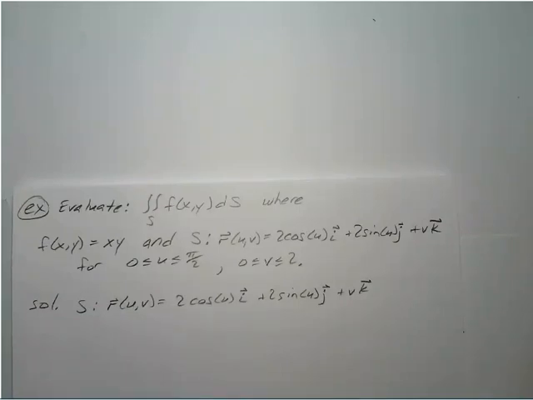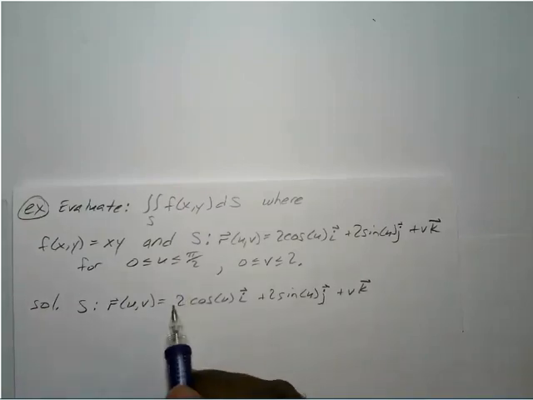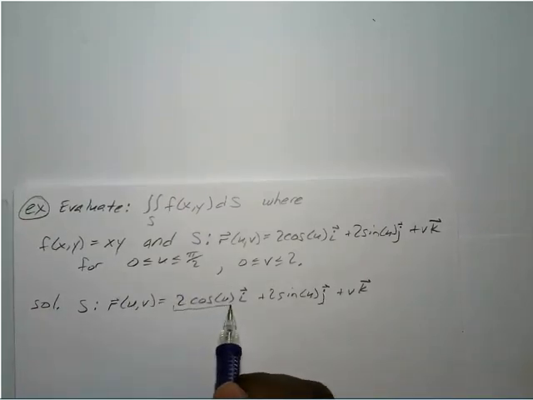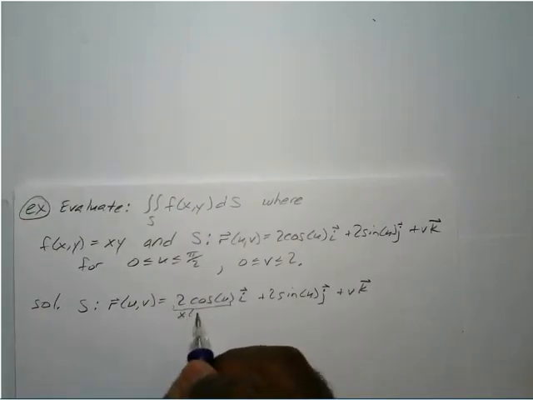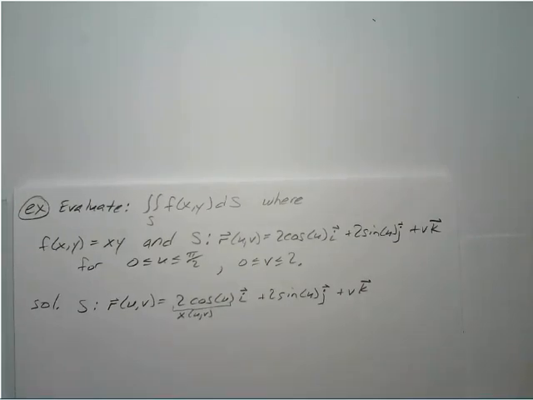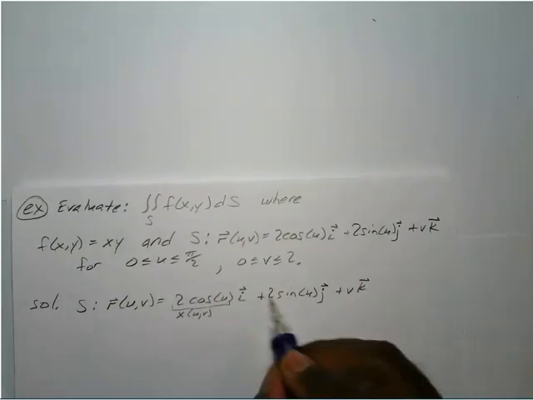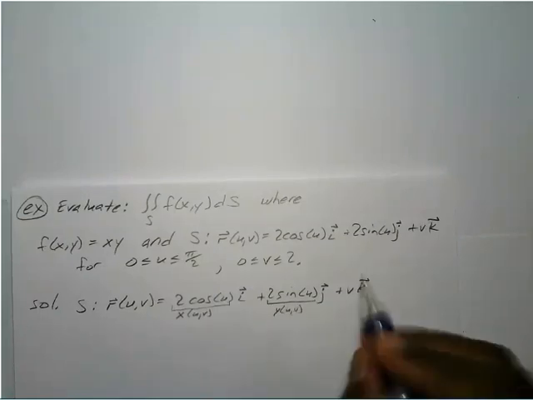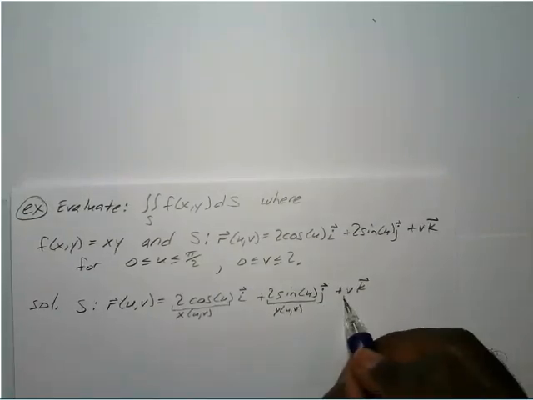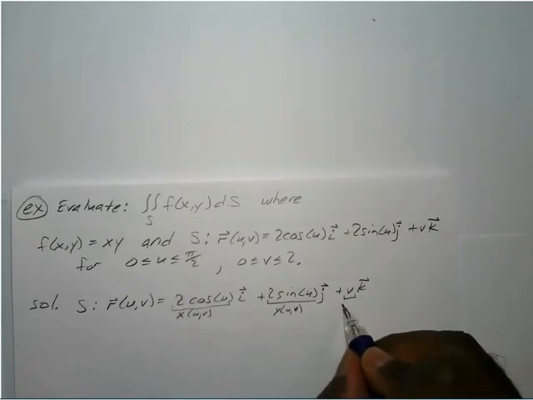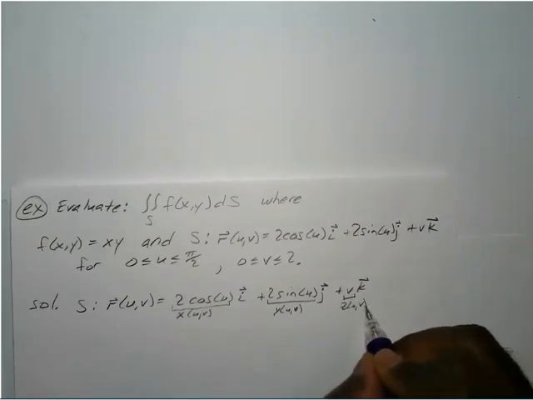Now we know here this is our x of u, v. This is our y of u, v. And this is our z of u, v.